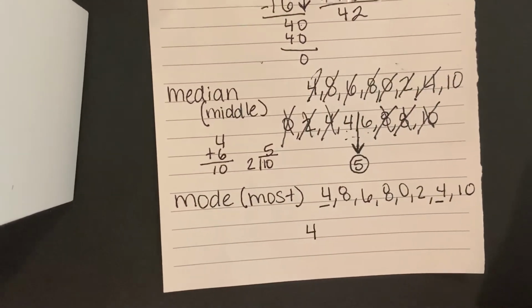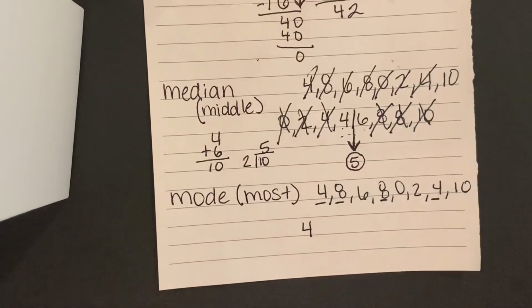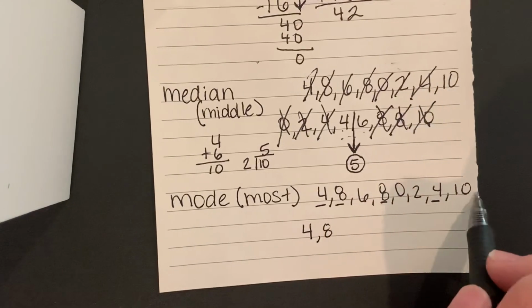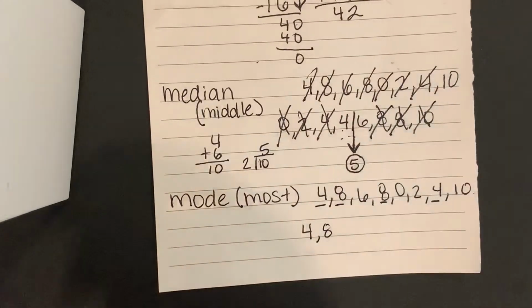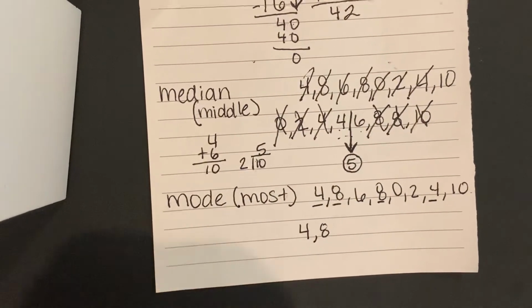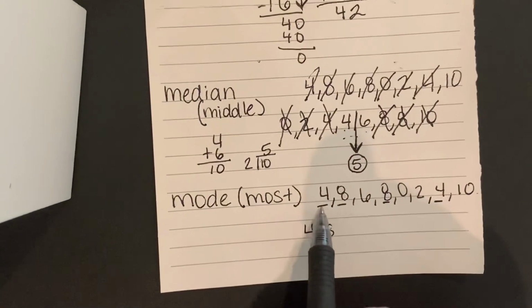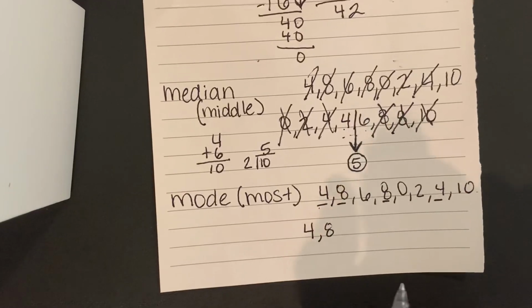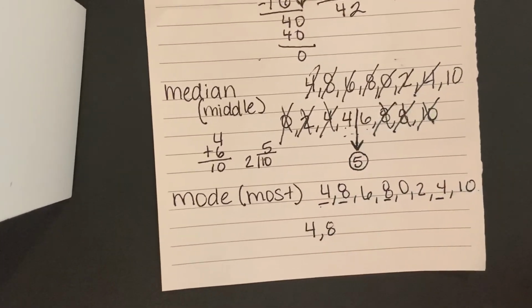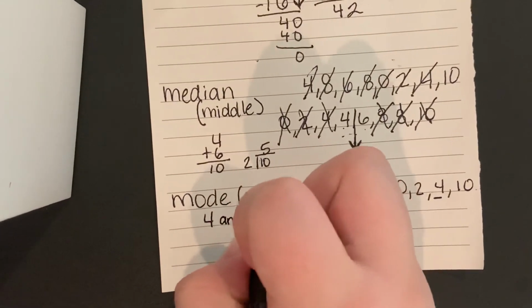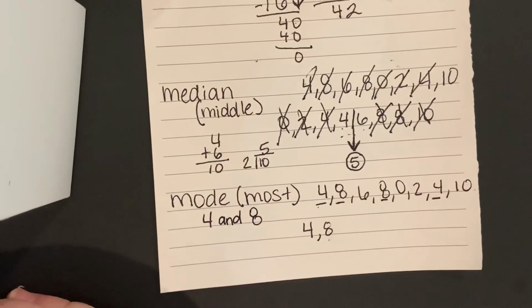But I also see that 8 is written twice as well. Okay, all the other numbers are written 1 time and only 1 time. Now, if one of these had been written 3 times, that number would be the mode. But for this example, 4 is written twice and 8 is written twice. So both of these numbers are the mode. So the mode would be 4 and 8. And you have to list them both to get it correct.